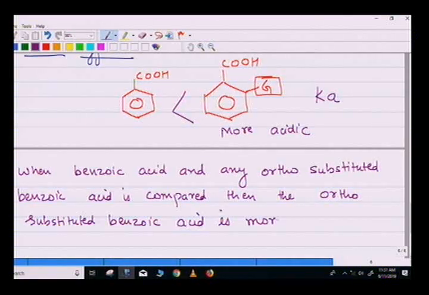And always remember that I am comparing only with the benzoic acid, not with any para or meta, okay. Then the ortho substituted benzoic acid is more acidic.